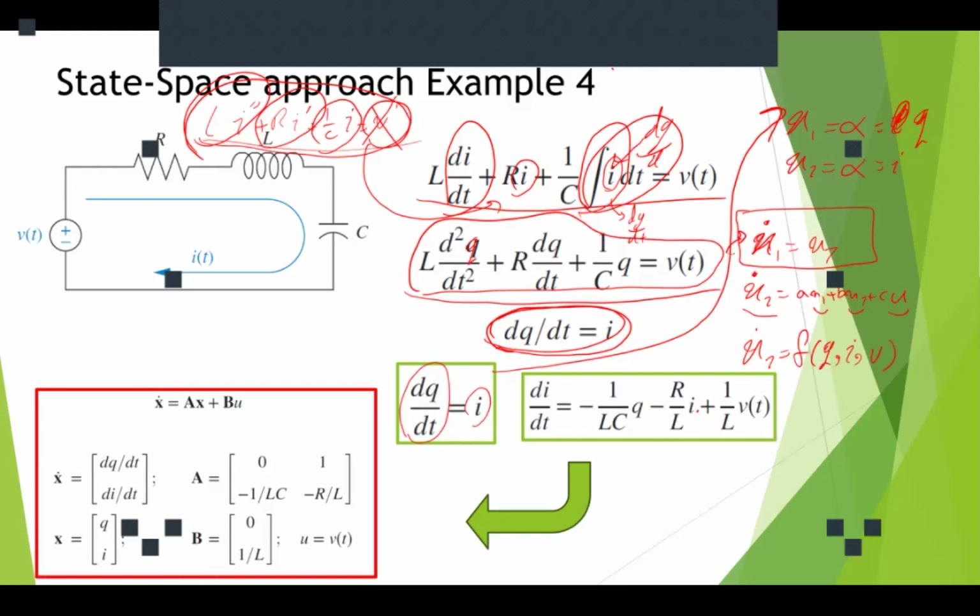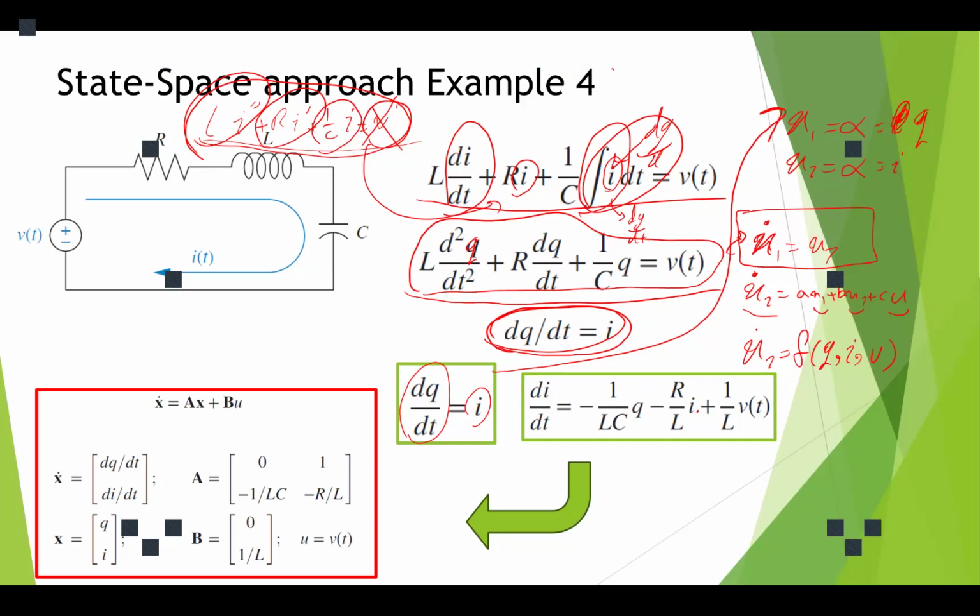Okay. Now, look at our original circuit. If we simply use the trick that we did, we can turn this L times the second order derivative of q into the first order derivative of I. Correct?